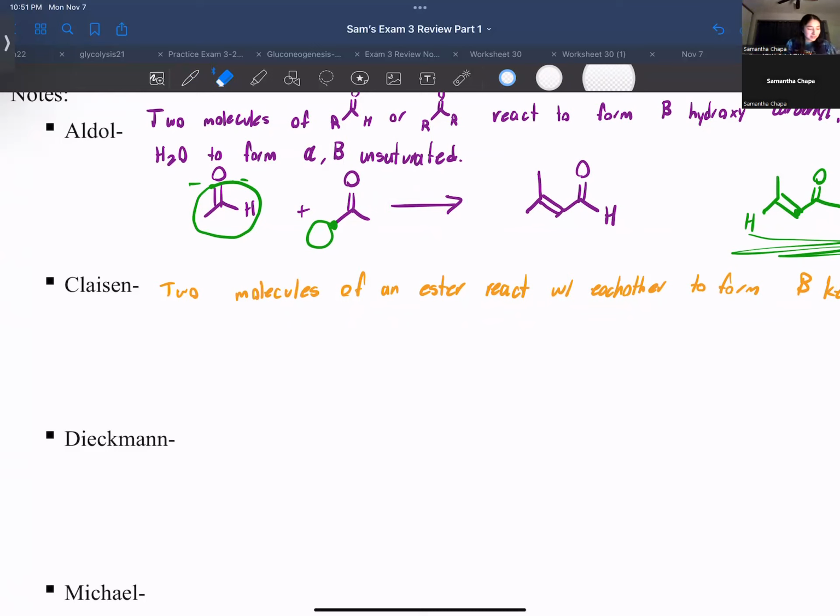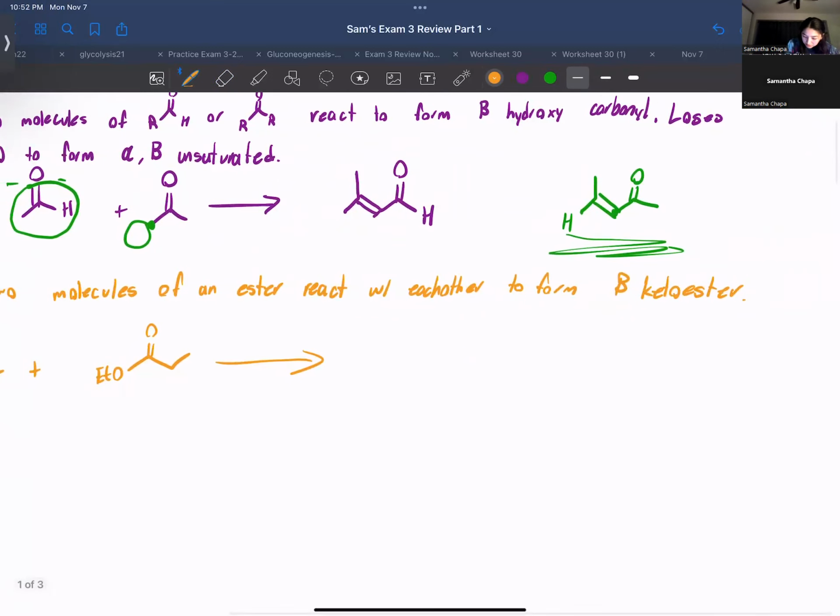So I'm going to give you two random esters. I already have one written down, and I'm going to give you the exact same ester, to make a beta keto ester.